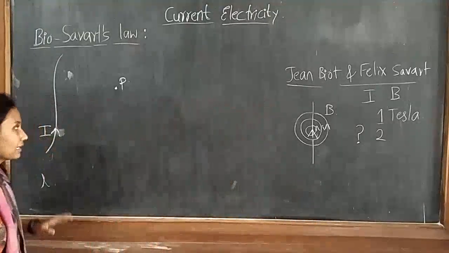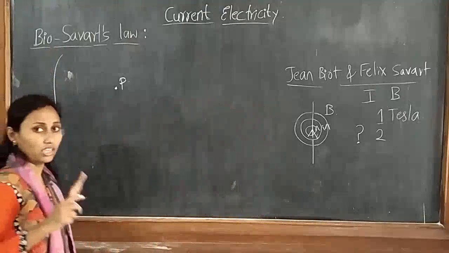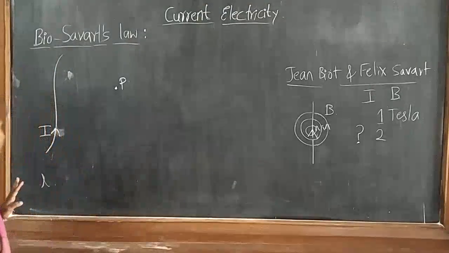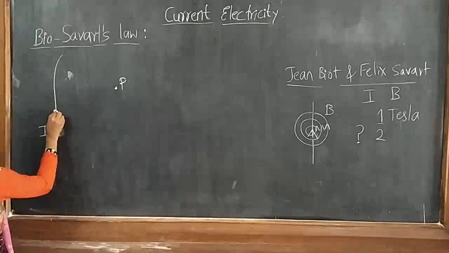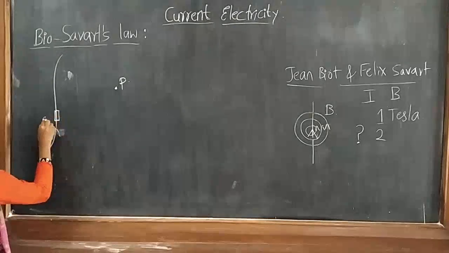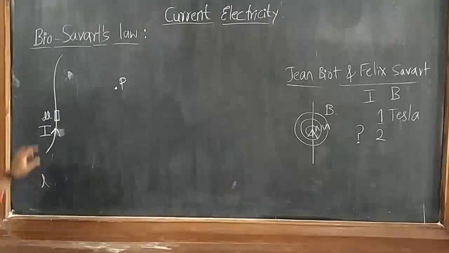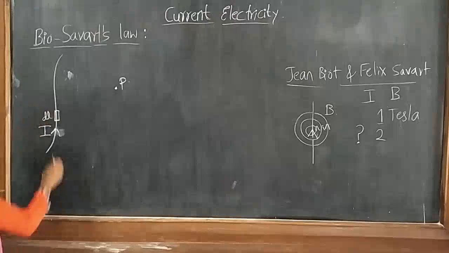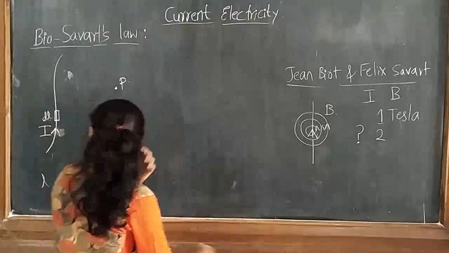So to get that length, as it is a long wire, an infinitely long wire we are taking, one small length I will consider. Here, from here to here, I am considering the length. Suppose this is the length and its length is dl. For the long wire, the total length is L. As we consider a small element, it contains a small length, that's why we take dl.